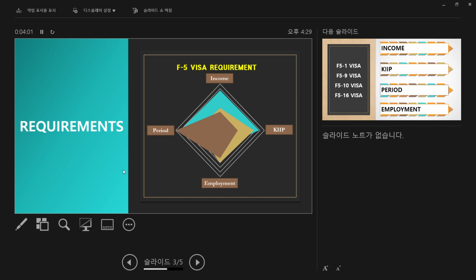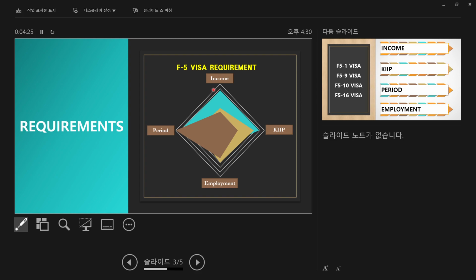Okay, we can check the requirements for F5 permanent residency. There are several types of F5, and you need to prepare for the requirements. Basically, there are four requirements, but it depends on your F5 application.